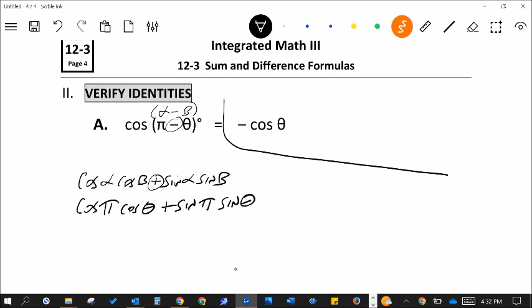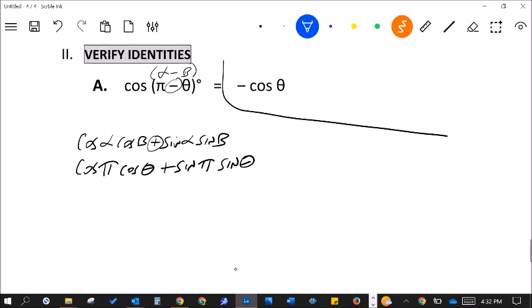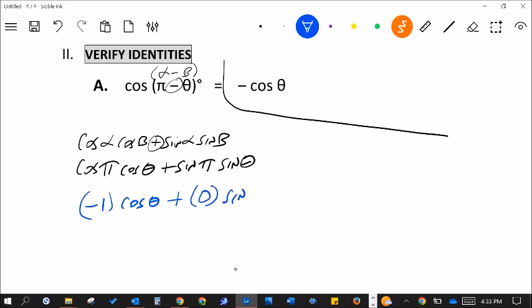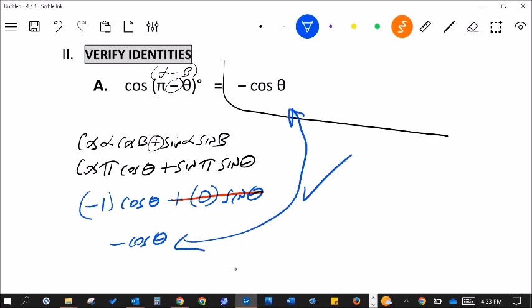Well, theta we don't know, but we do know the cosine of pi. The cosine at pi, which is 180 degrees, is -1. Plus, the sine at pi is 0 and sine theta. So this just goes away and we get negative cosine theta. Oh, guess what? They're equal. We just verified it.